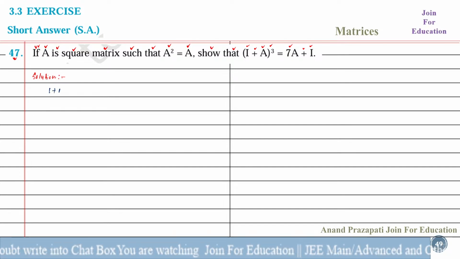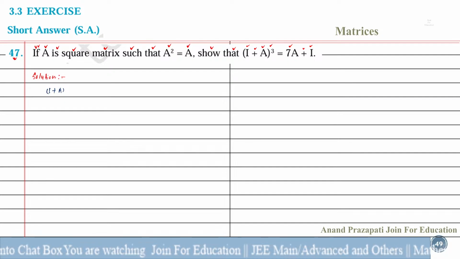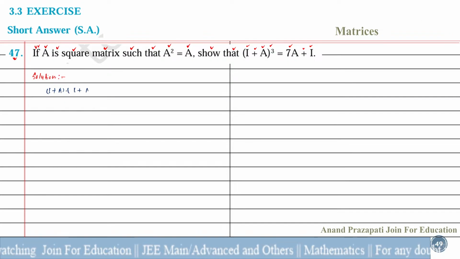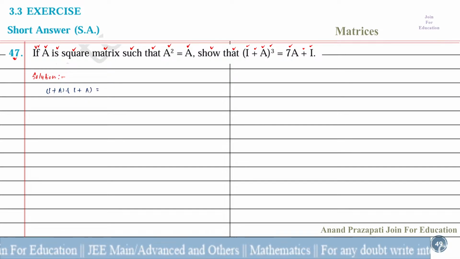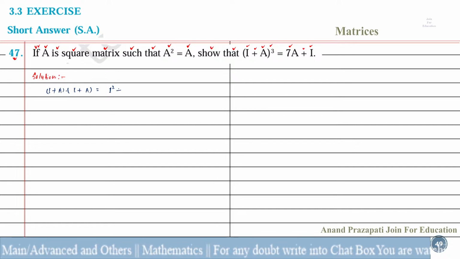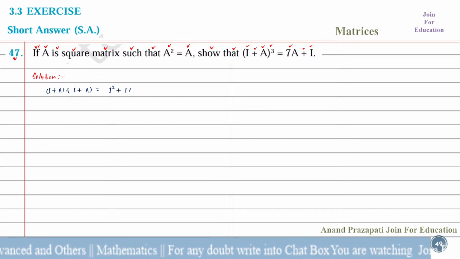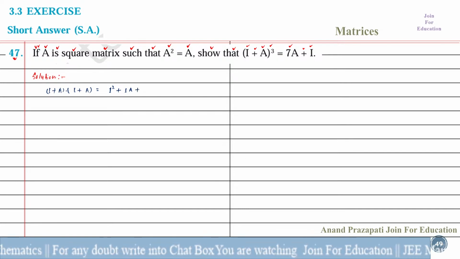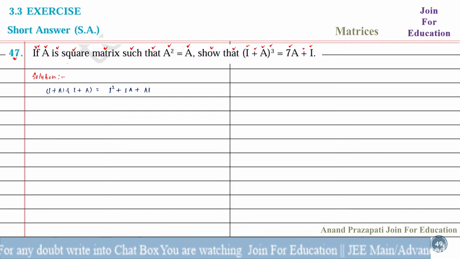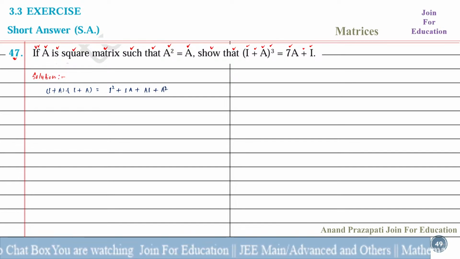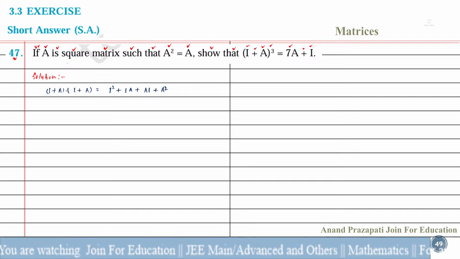(I plus A) into (I plus A) equal to this one will be I square plus IA plus AI plus A square. Hope that there is no problem to understand up to this step.